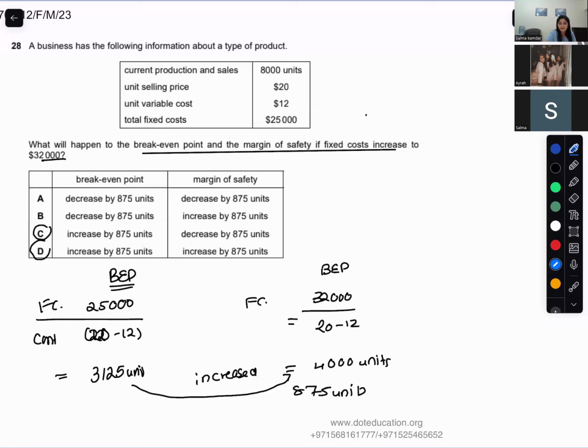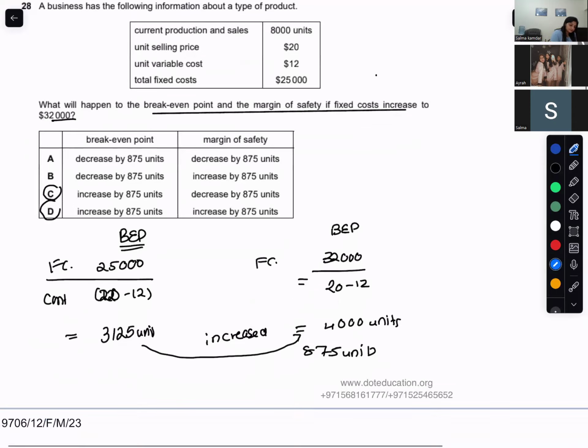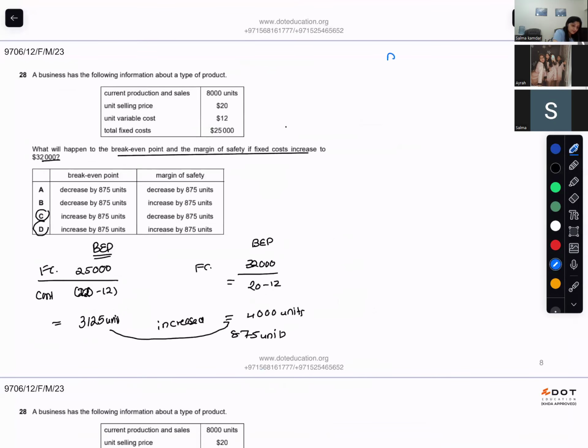Next, margin of safety. What will happen to margin of safety? Margin of safety is actual minus break even sales. So if break even is increasing, the margin of safety would reduce.